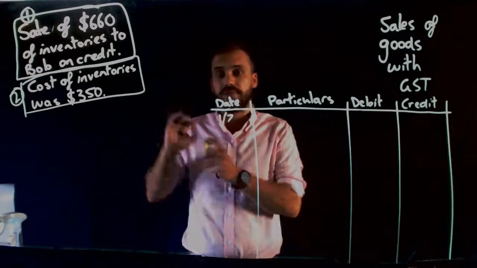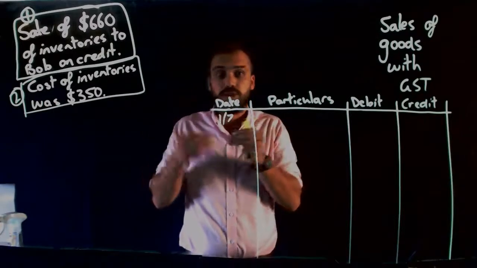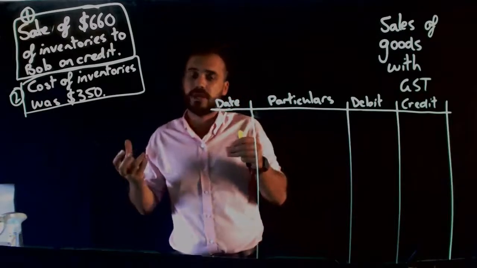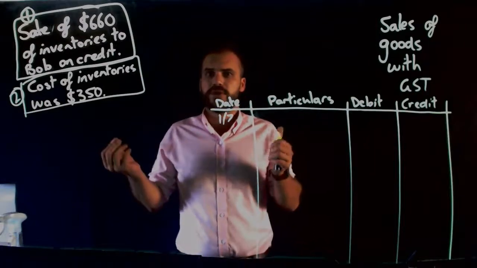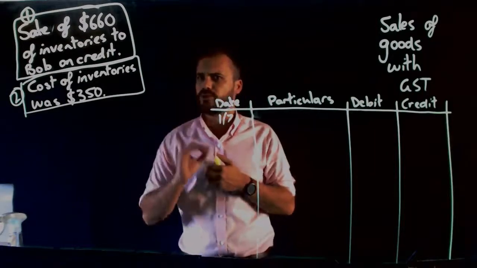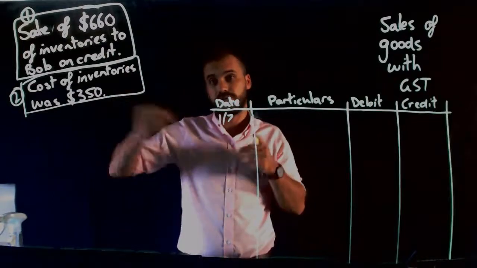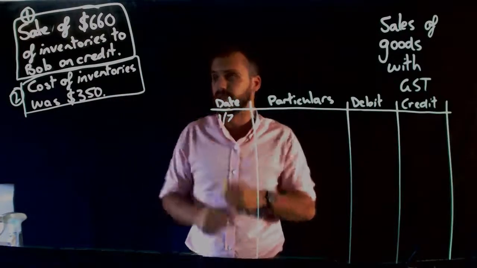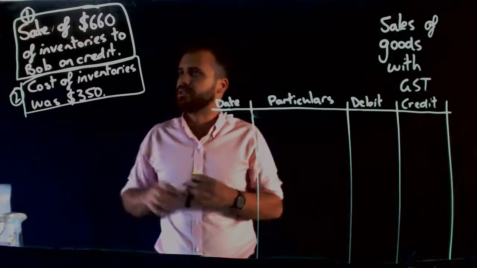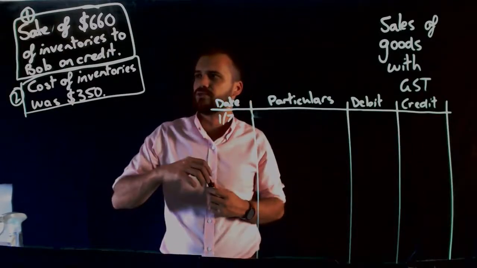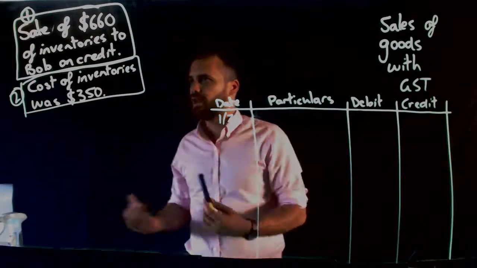But this is all just two guys. One guy goes, I want to buy some stuff, and the other guy goes, yep, no problem. So in the real world, we call it one transaction, but when we're doing our accounting, it's really two transactions that are happening at one time. It's pretty cool.